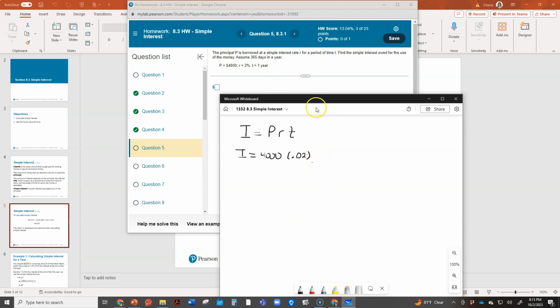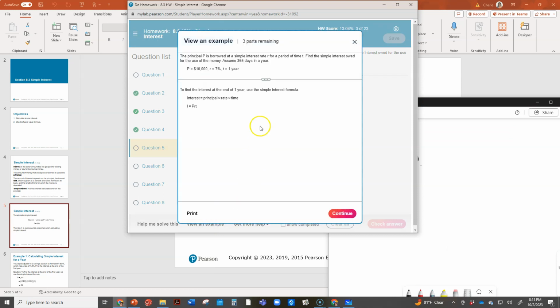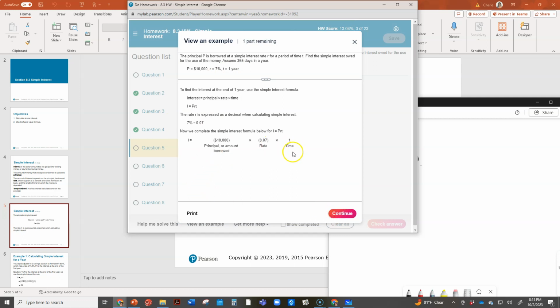Let me see. 1 year, 7%, time is 1. Yeah, I guess they would do that if they had asked me something, because they are multiplying right here by 1, which is what you would do too. I don't know.